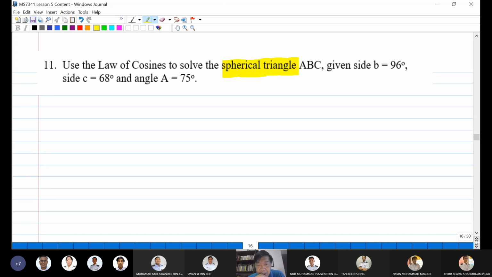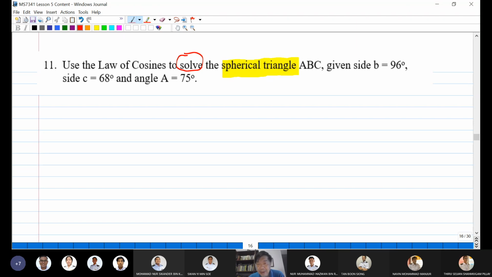So this is a spherical triangle ABC. To solve. Okay, there's a word to solve here. Solve means find all the unknowns. So let's see what we can draw.